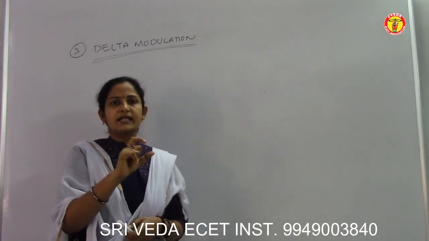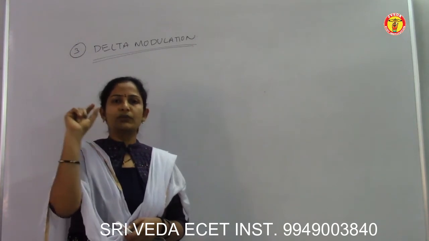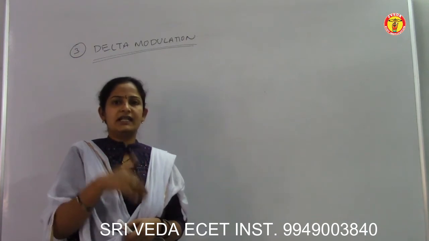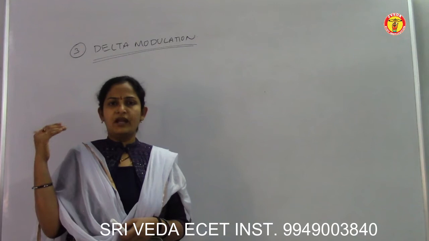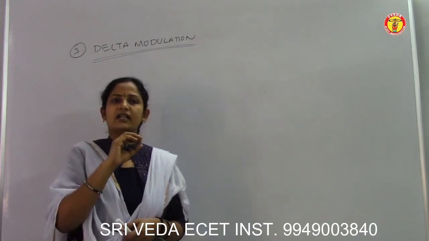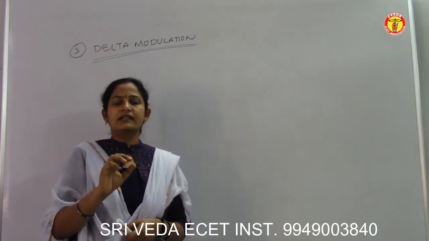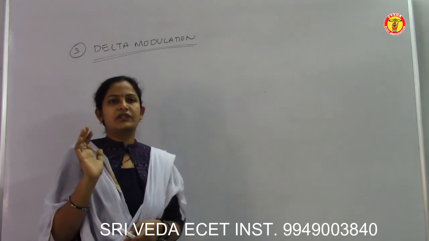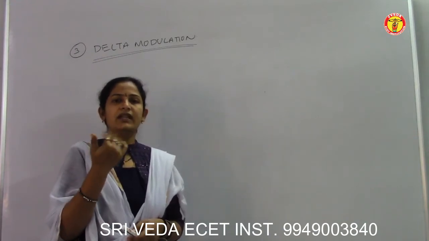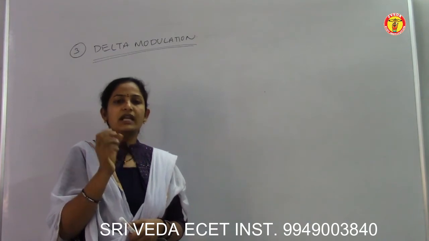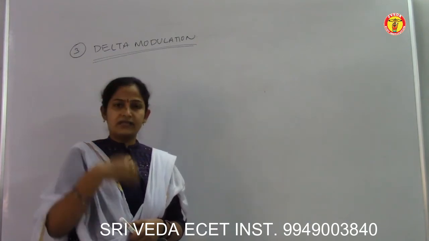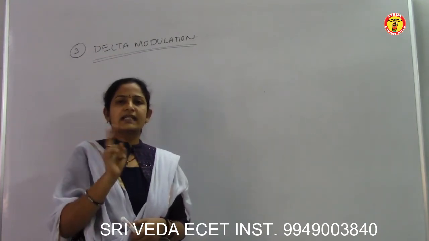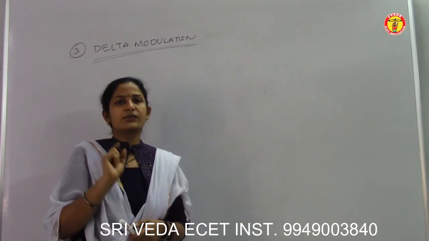If my present sample amplitude level is less compared to the previous one, then this quantizer, which is also known as a 1-bit quantizer, will send binary bit 0. This is the phenomenon used in delta modulation. Whether the amplitude level change is large or very small, it will send either binary 1 or binary 0. As it sends only one bit, it is known as a 1-bit quantizer.